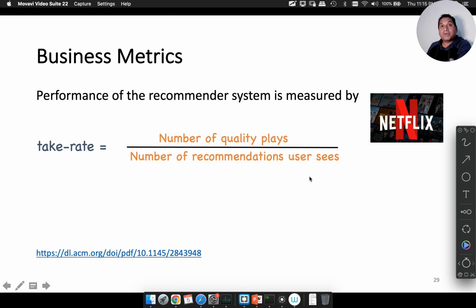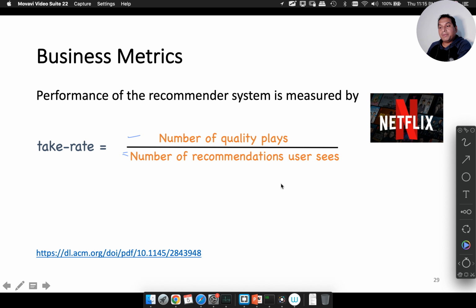So in cases where the business understanding is very deep, people use business metrics to measure the impact of the model. For example, Netflix uses a metric called take rate, which is defined as the number of quality plays divided by the number of recommendations it makes and the user sees those recommendations.